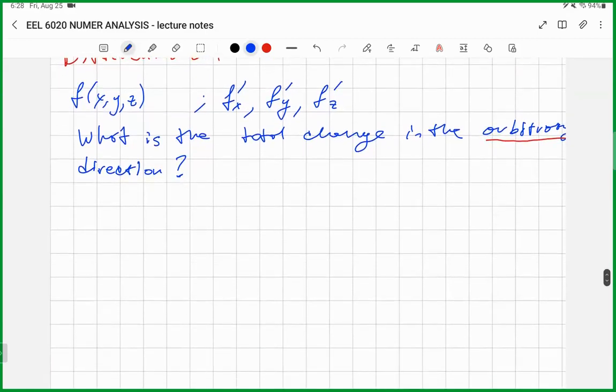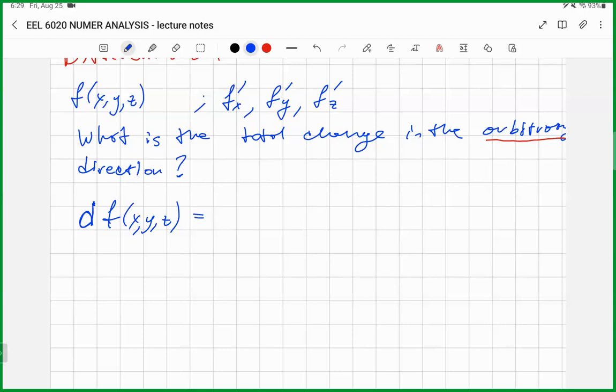So when x changes, y changes, and z changes, I write the change of the function as a differential of the function. It will be d, because the change is very small, so it's df(x,y,z).